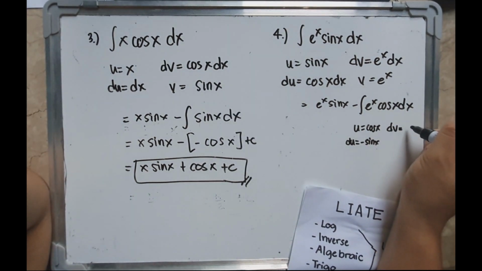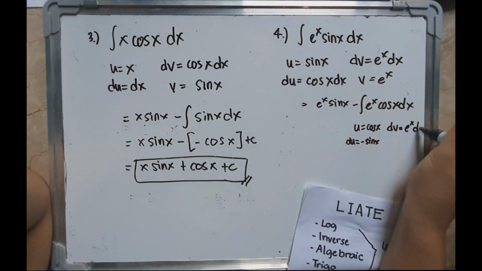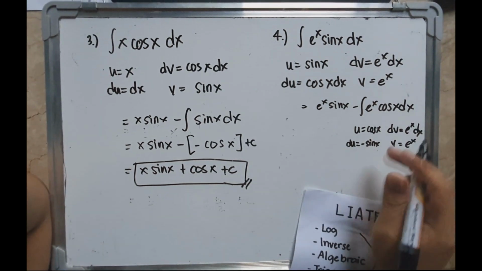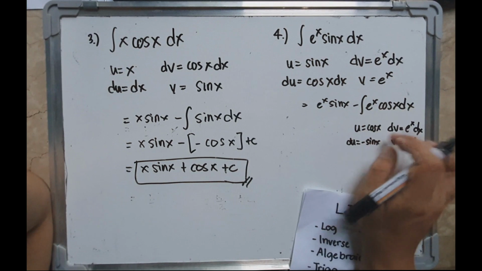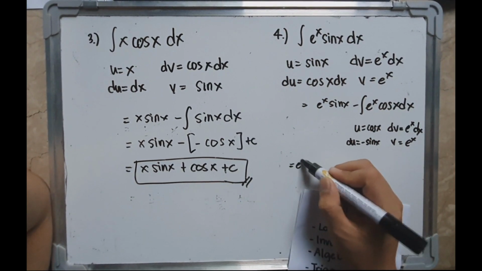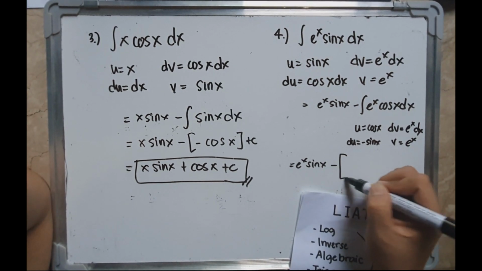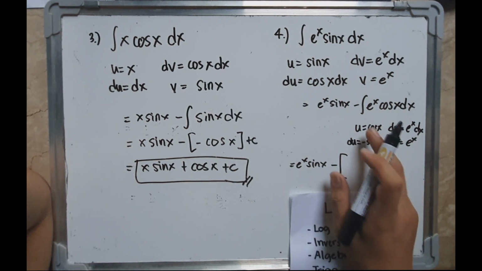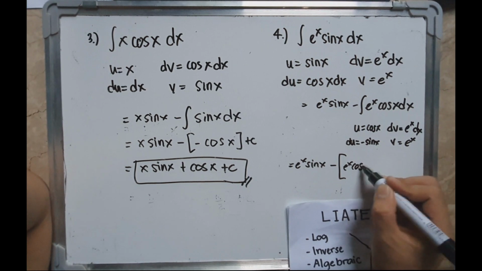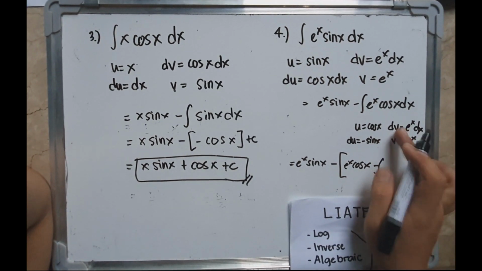The dv is e to the x dx, the integral of that is e to the x. So we will be doing another integration by parts for the portion right here only. So we'll be copying e to the x sine x minus another integration by parts, u times v, e to the x cosine x minus the integral of v du.